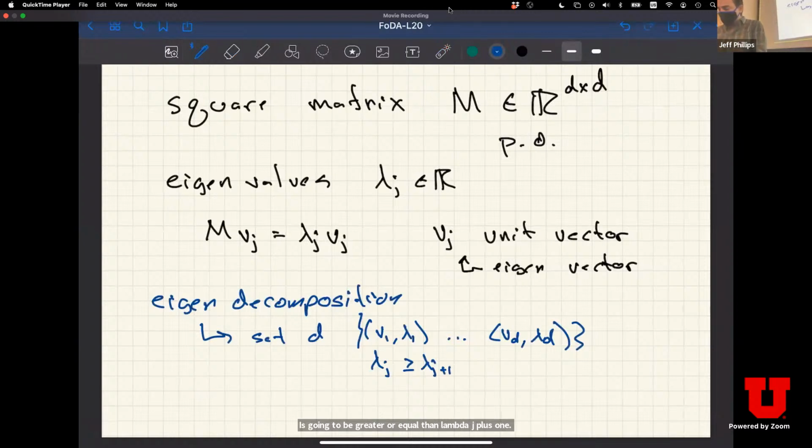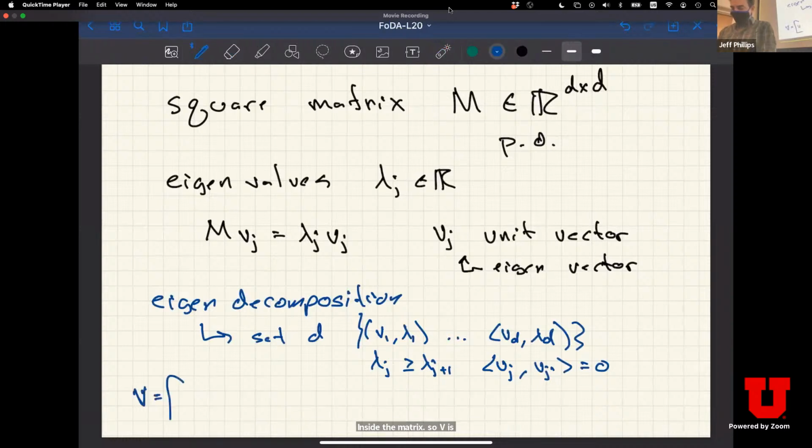And I have that vj dot vj prime is always going to be 0. So the vectors are going to be orthogonal to each other, it turns out. And I can stack these inside a matrix. So V is going to be v1, v2, up to vD.